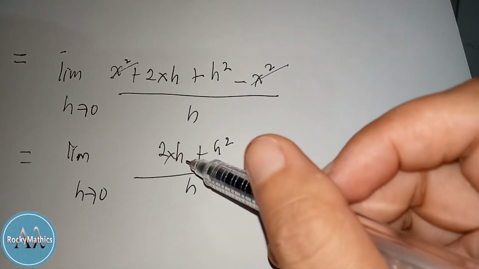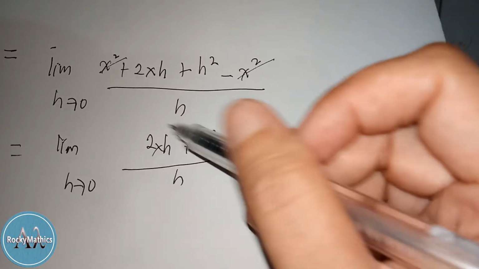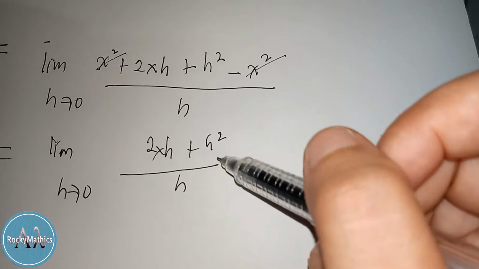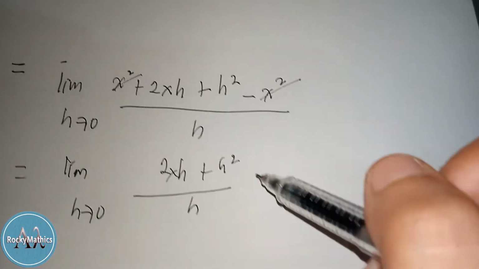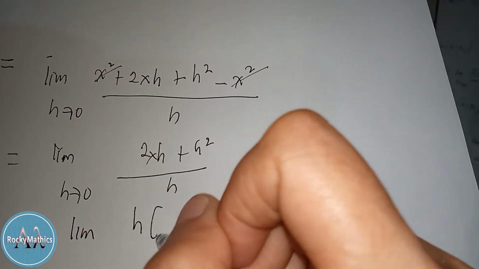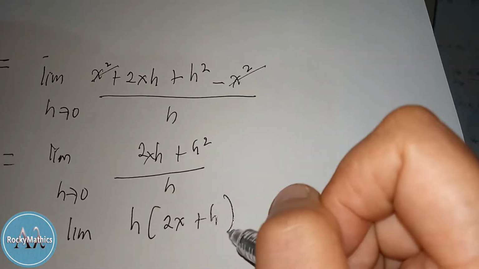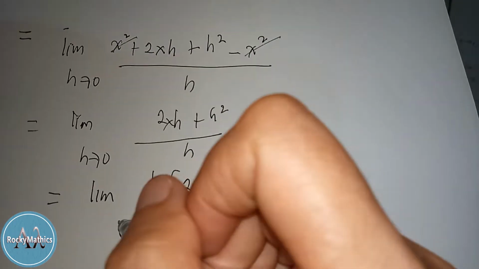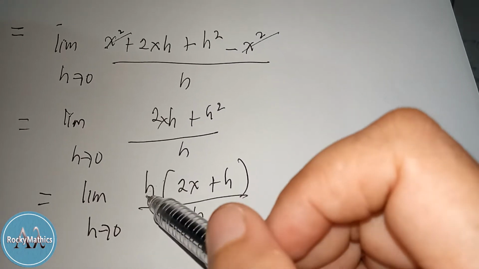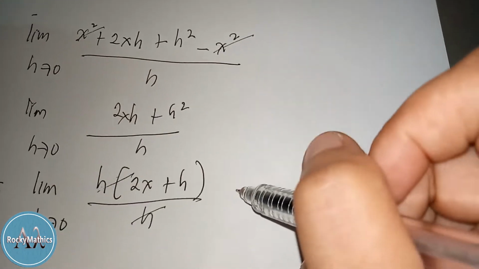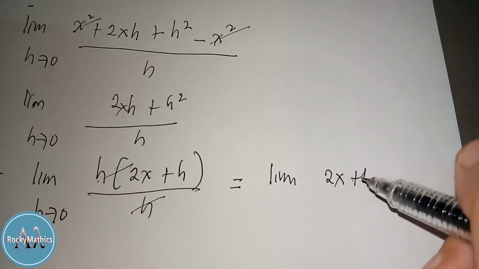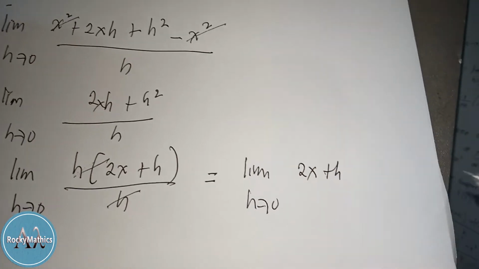Now take note, h is common to this term, and there is also h here, so we need to simplify this by factoring it out. So we have the limit of h times 2x plus h over h as h approaches 0. Now this h over h is equal to 1, so we only have the limit of 2x plus h as h approaches 0.